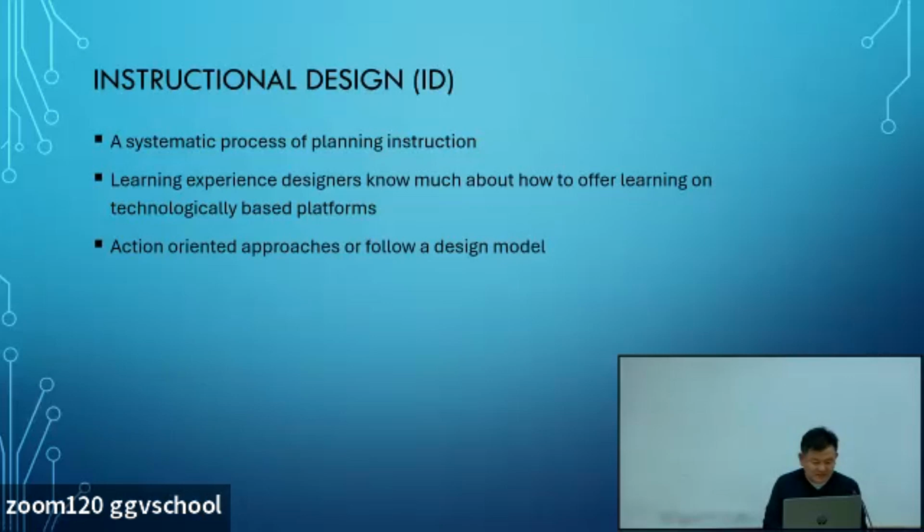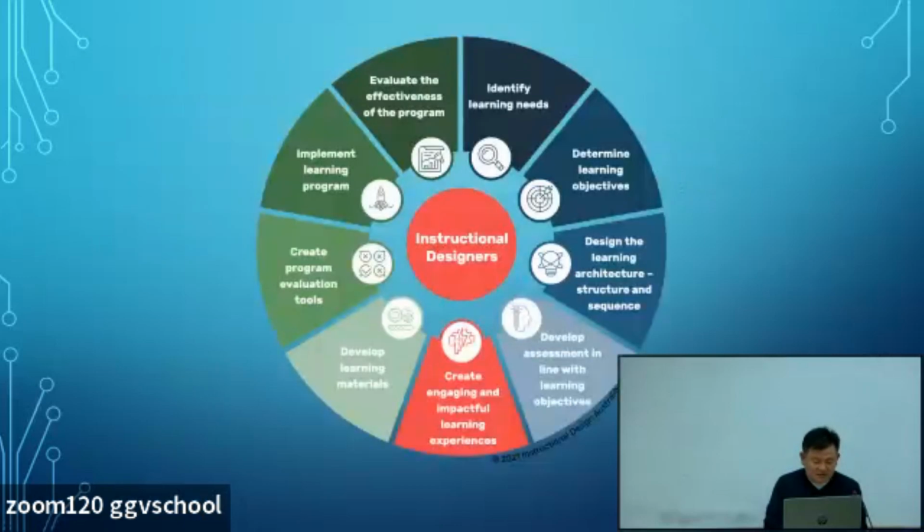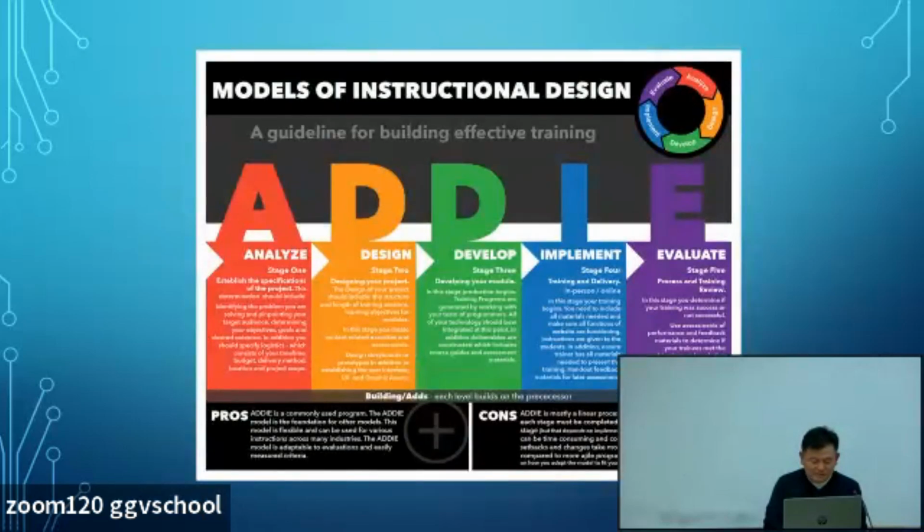ID is a systematic approach and process of planning instruction. Instructional design has many factors. First of all, the famous theory is the ADDIE model. ADDIE is analyze, design, develop, implement, evaluate.